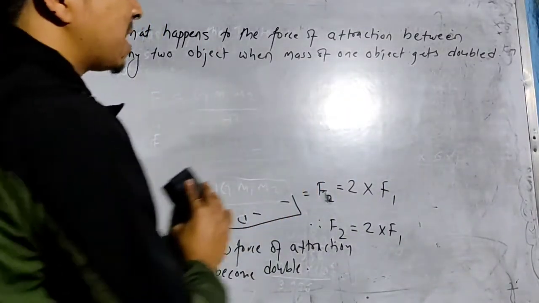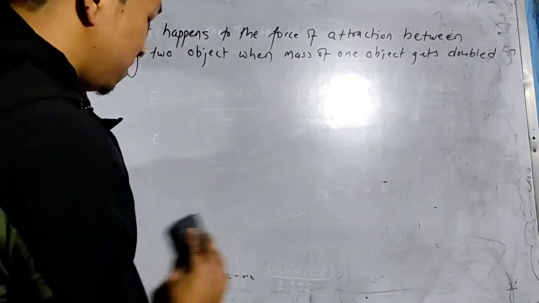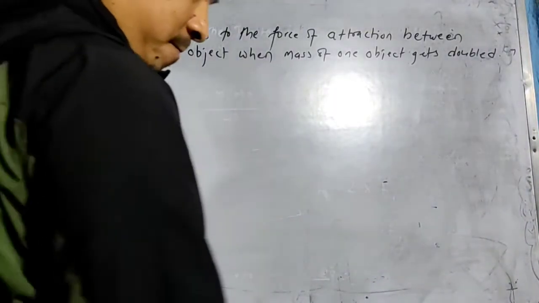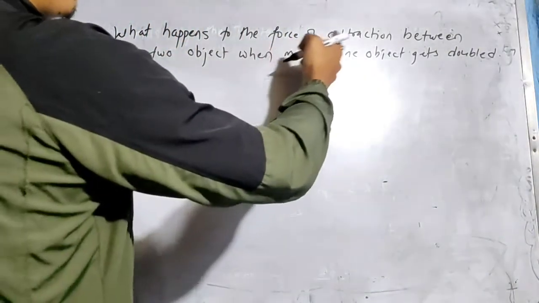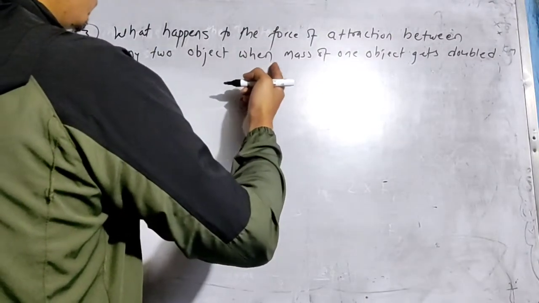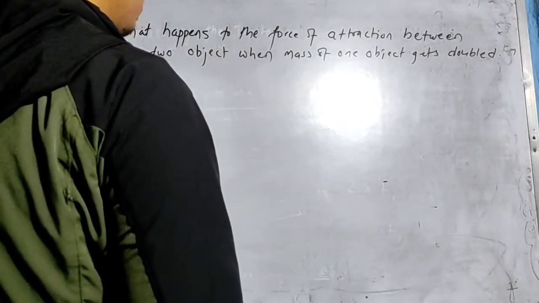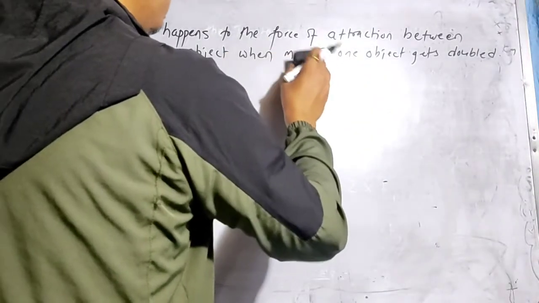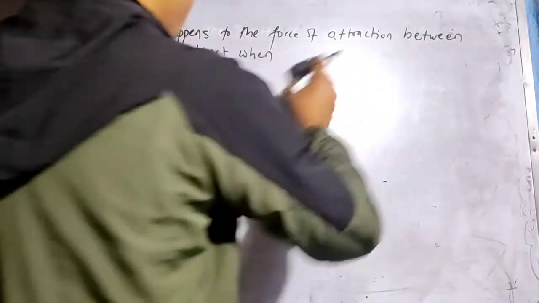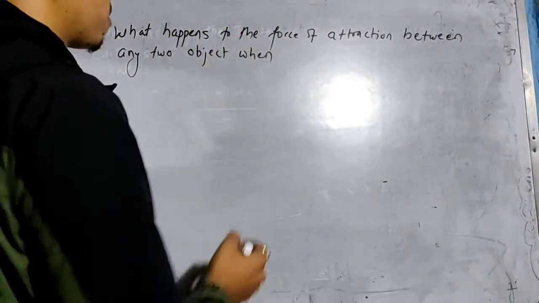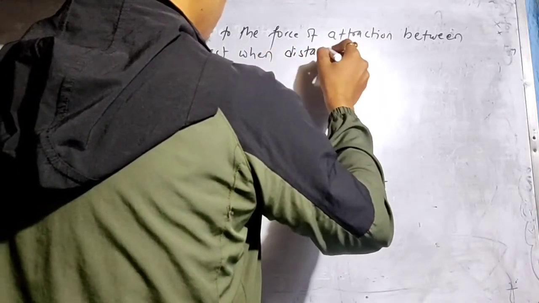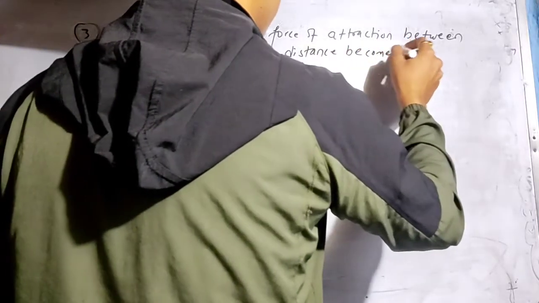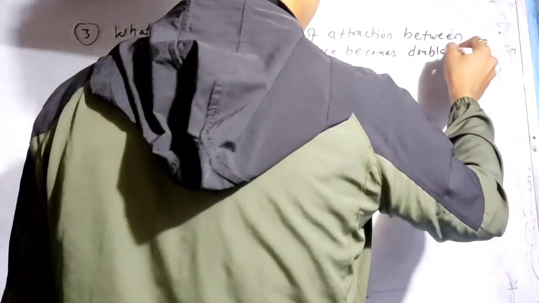Okay, let's make some changes in the question. What happens to force of attraction between any two objects when mass of one object is double? Let's not do that. When the distance becomes double.